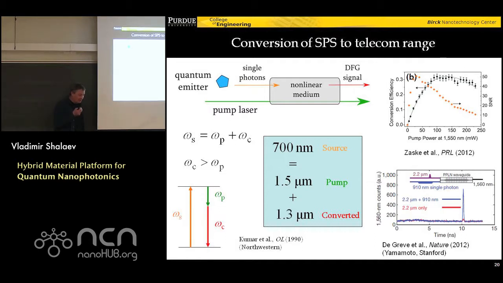So as I said, you either directly generate single photons at telecom, which might be a challenge. It's near infrared and particularly at room temperature, or you do it in the visible and then convert it to telecom. So people pursue different directions. In my opinion, although it might change, it depends on the materials we have at hand, that way might be more promising.